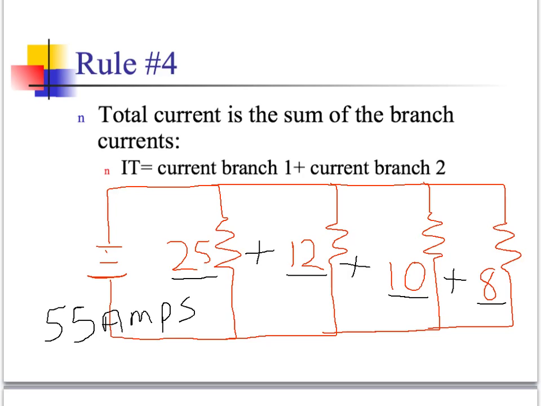And so since we have 55 amps returning here on this wire, we should, if our circuit is functioning properly, have 55 amps on our wire that leaves our source here.